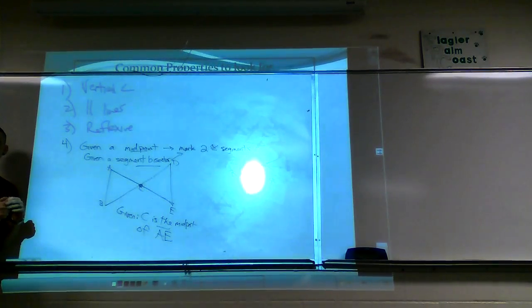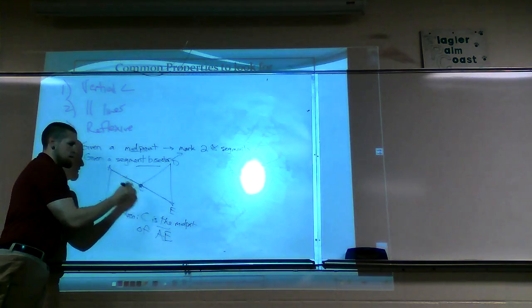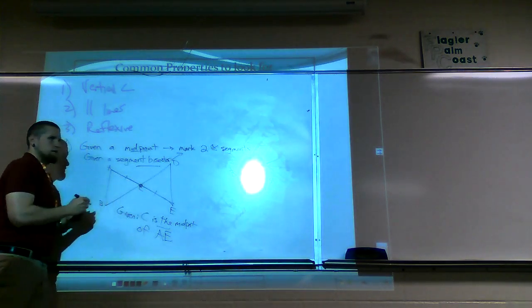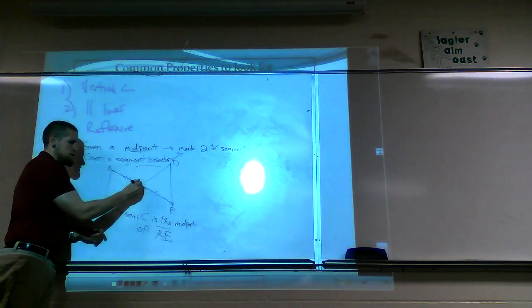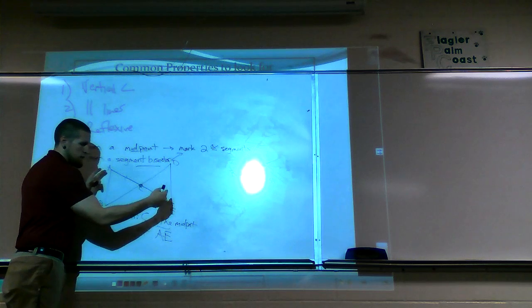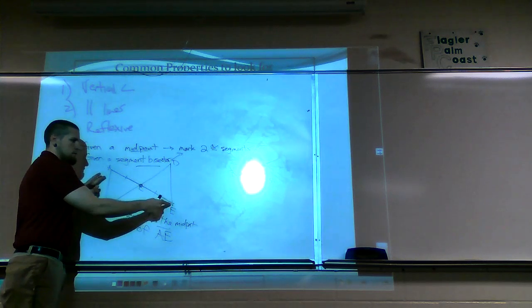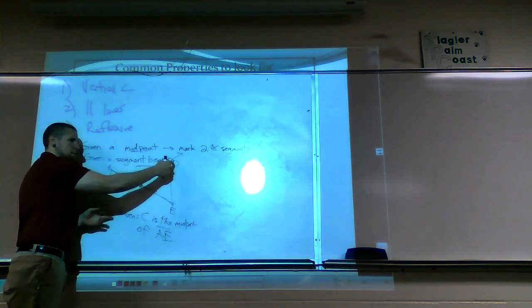AC and CE. Now here's the thing, this is a big mistake. The only thing I'm saying right here is I know C is the midpoint of that segment. Does it automatically make it the midpoint of the other segment?